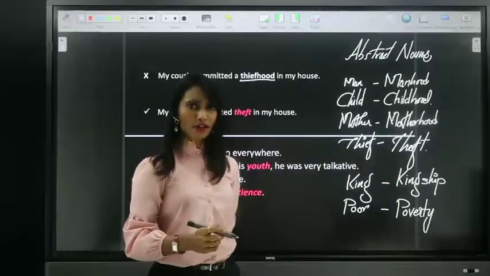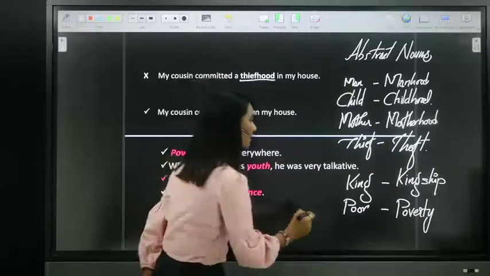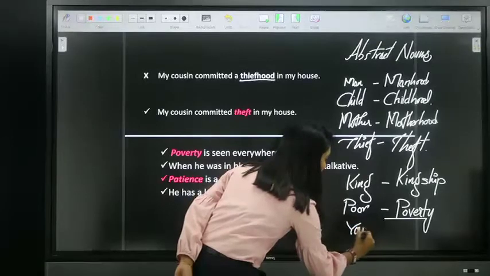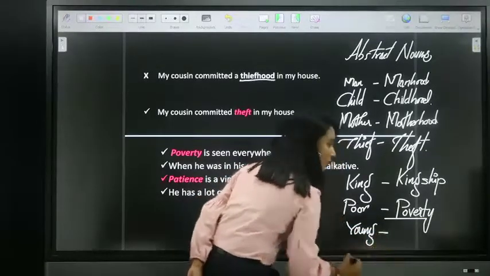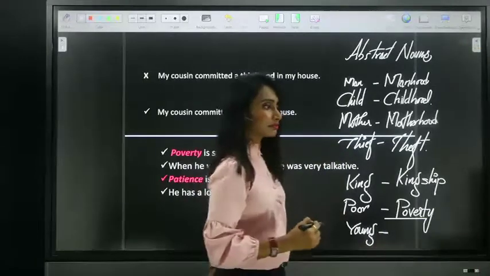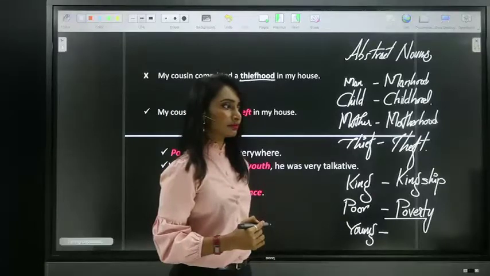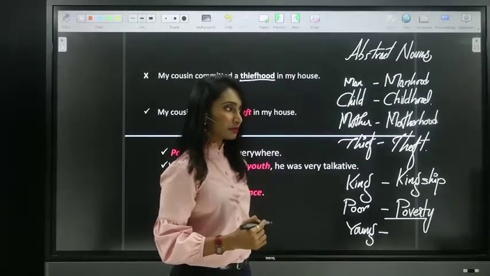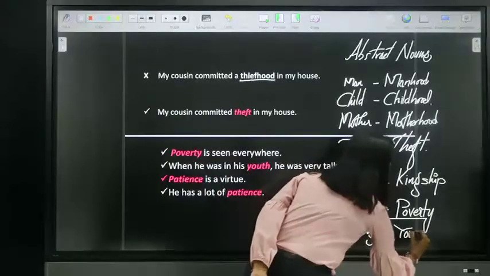What is the abstract noun for young? Young is an adjective, right? So what is the abstract noun for young? Good, Swapna. So it is youth.